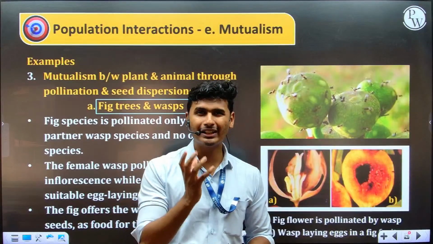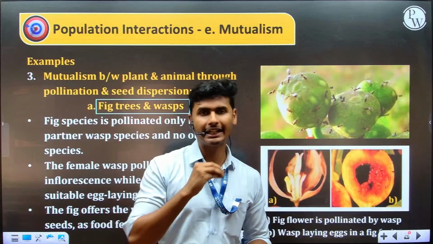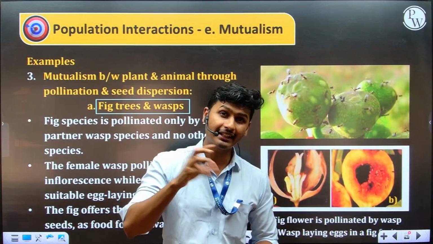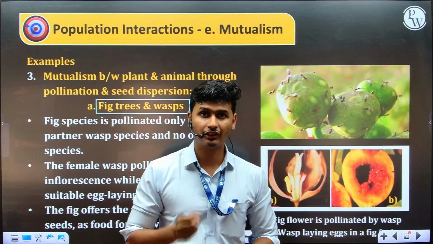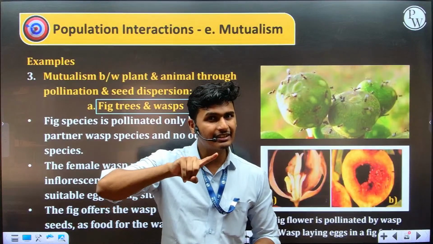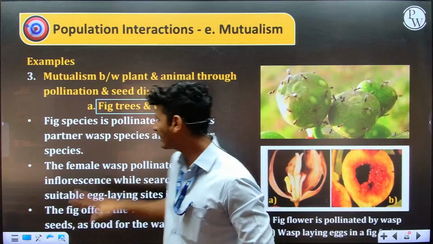The ovary is the location where wasps lay their eggs. The wasp eggs get nutrition from that particular ovary. So it is a dependency of wasp and fig tree. This is known as mutualism.